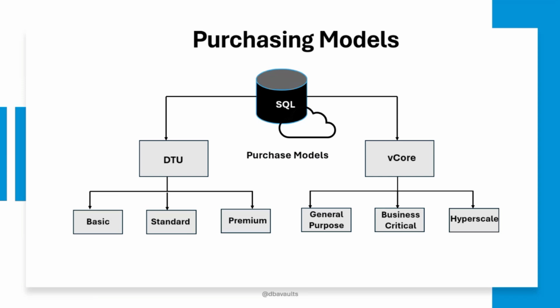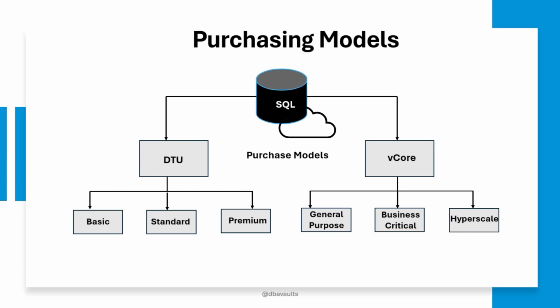Moving on to the next slide. Azure SQL database offers two purchasing models. If you see my diagram, these purchasing models are the DTU based purchasing model and the vCore based purchasing model. DTU stands for database transaction unit, and vCore stands for virtual core purchasing model.